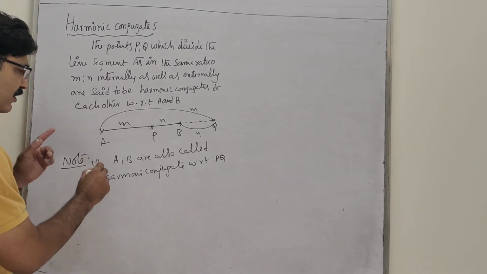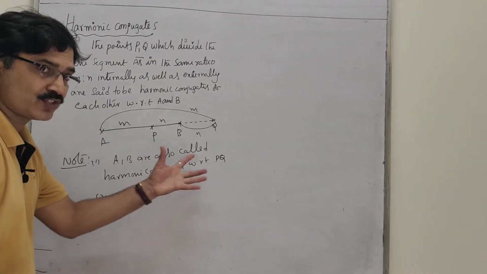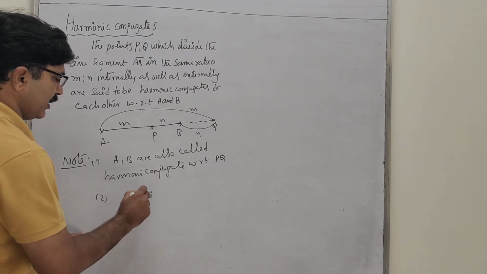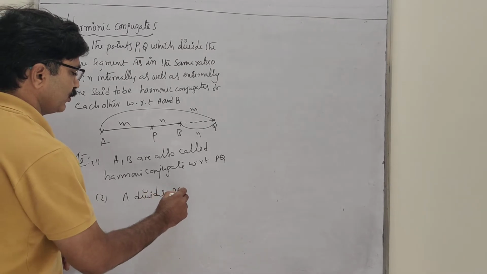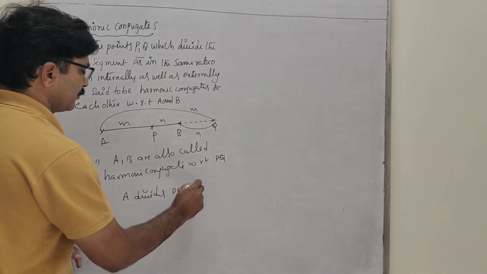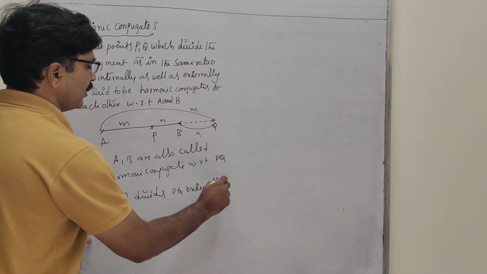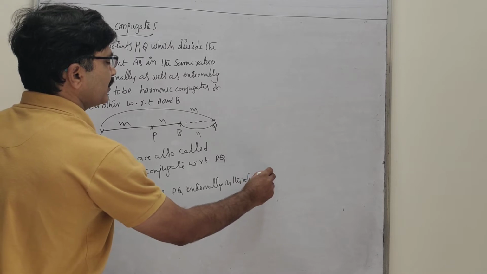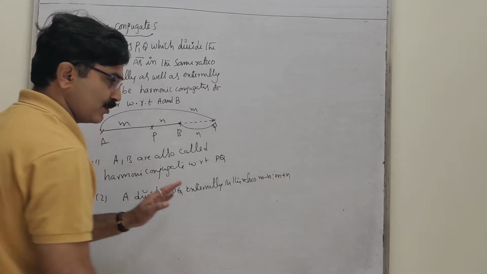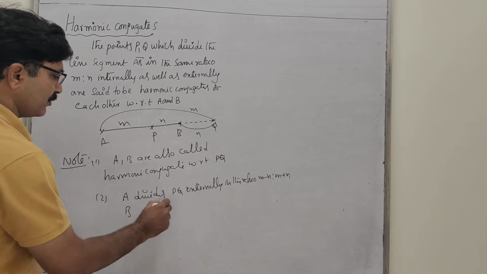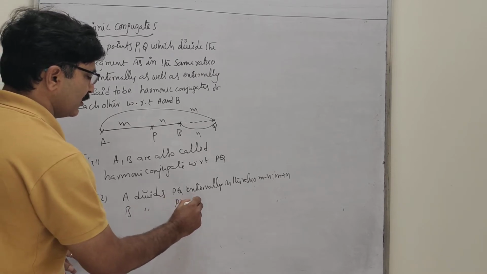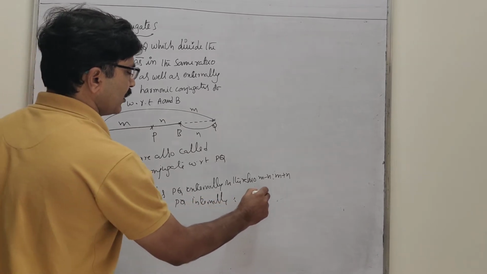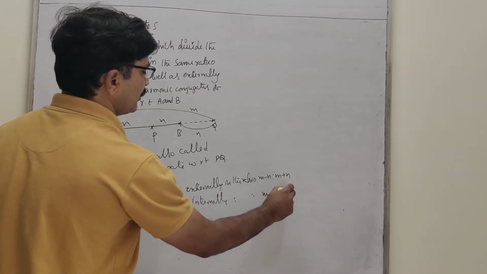Now the question is, if these are harmonic conjugates, what is the ratio? A divides PQ externally in the ratio m minus n is to m plus n, and B divides PQ internally in the ratio m minus n is to m plus n.